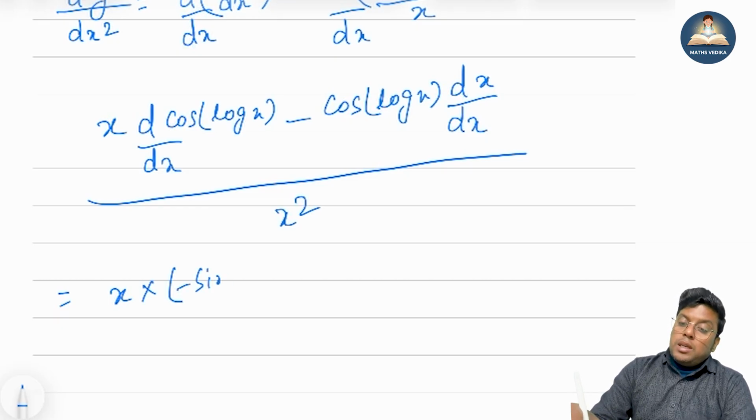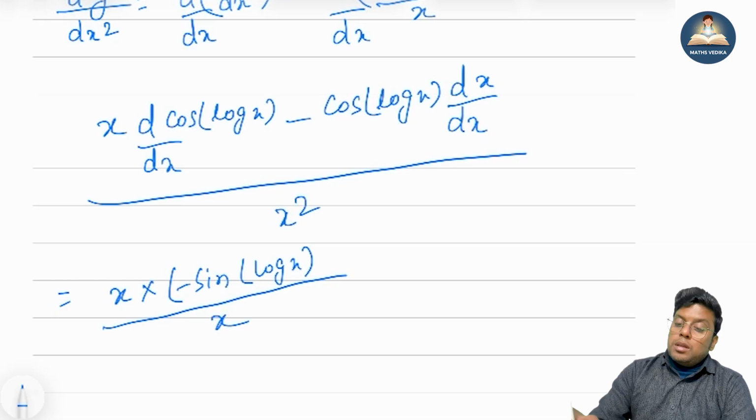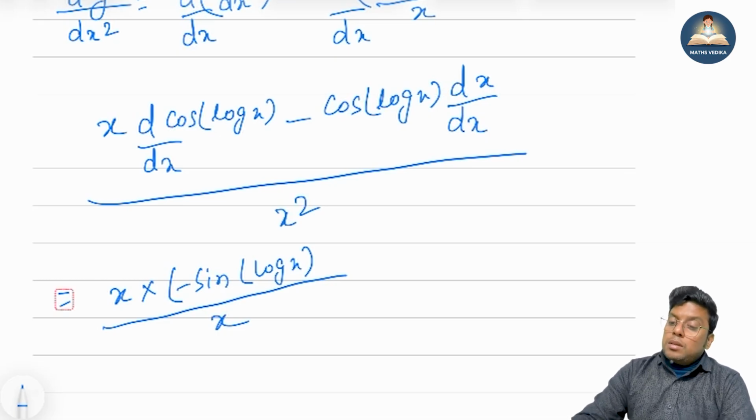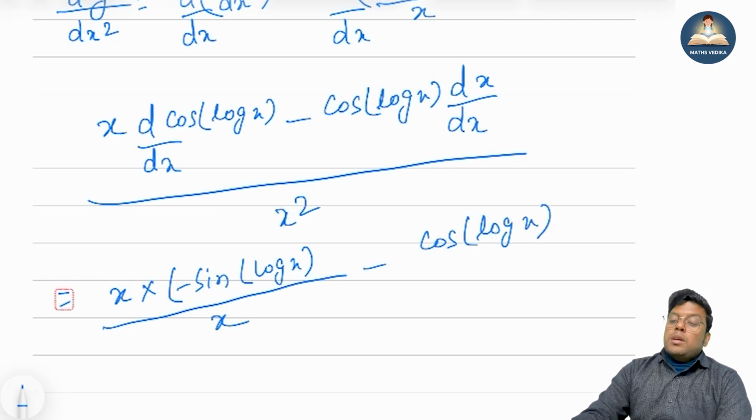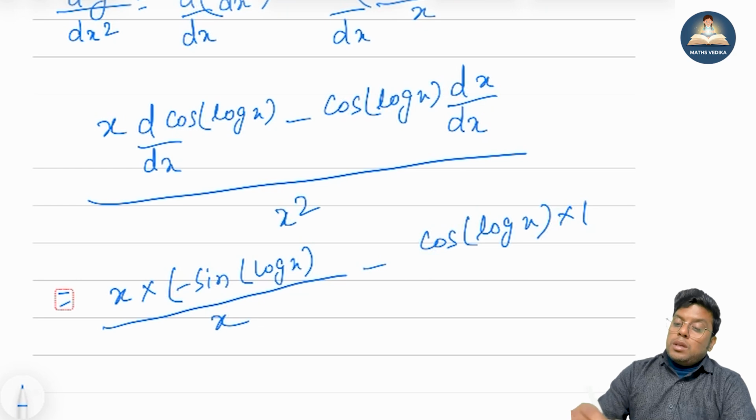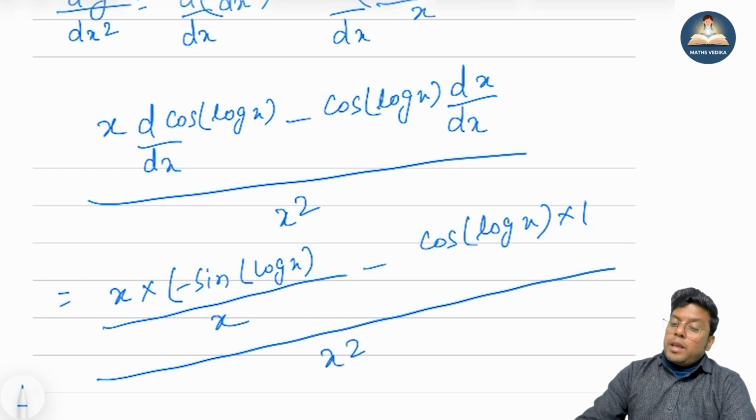Which is equal to x times the differentiation of cos log x, which will be minus sine log x, and the differentiation of log x will be 1 by x, minus cos log x, because the differentiation of x with respect to x will be 1, divided by x square.